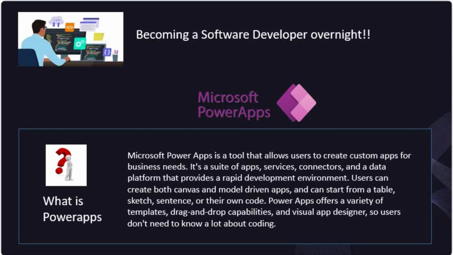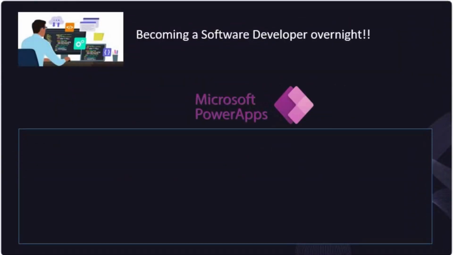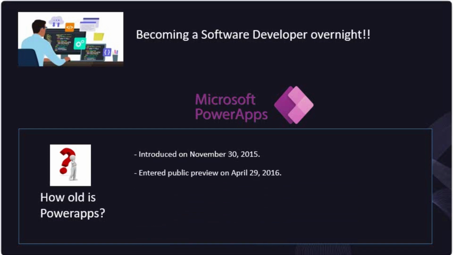And how long has Power Apps been around? Microsoft Power Apps was introduced on November 30th, 2015 on the official Microsoft blog, and it entered public preview on April 29th, 2016 and became generally available on 1st of November 2016.